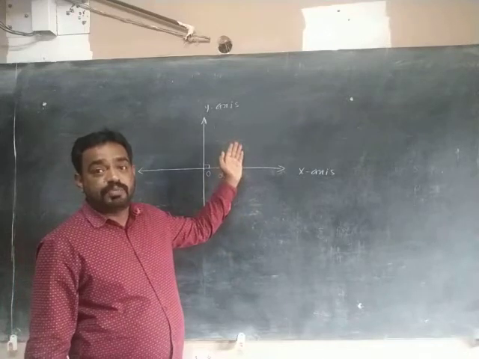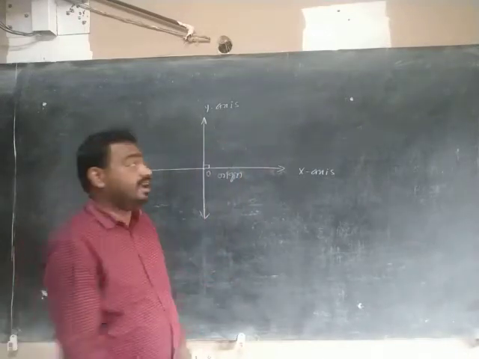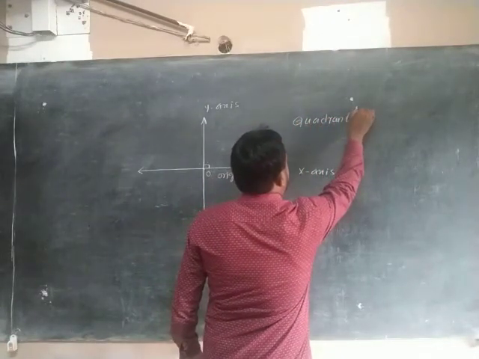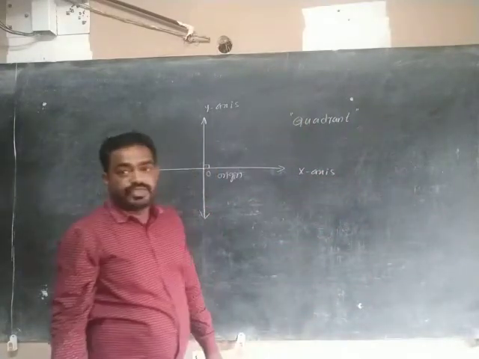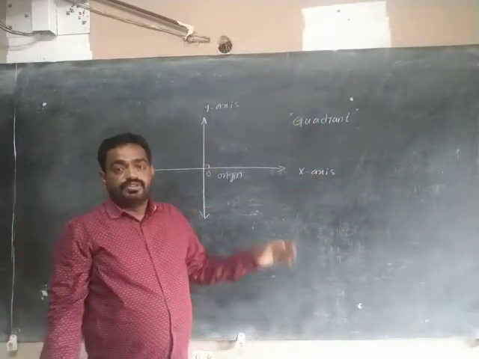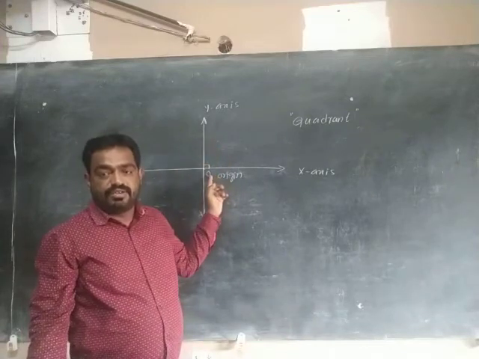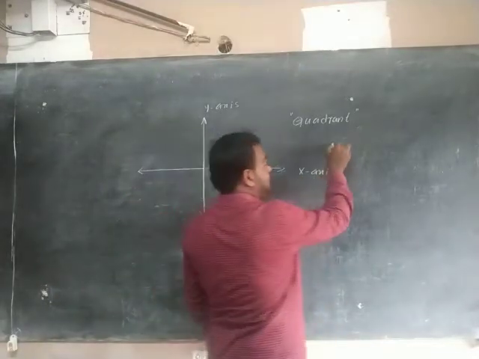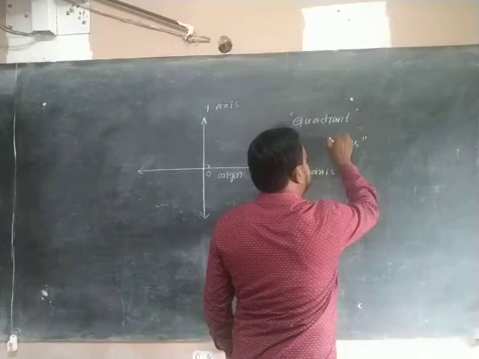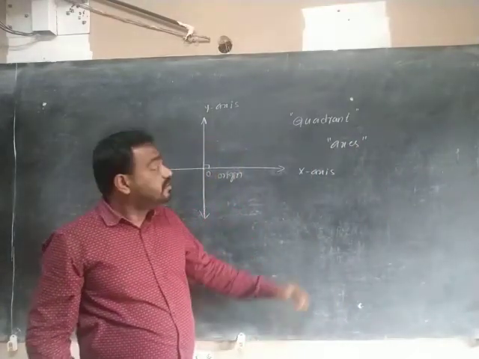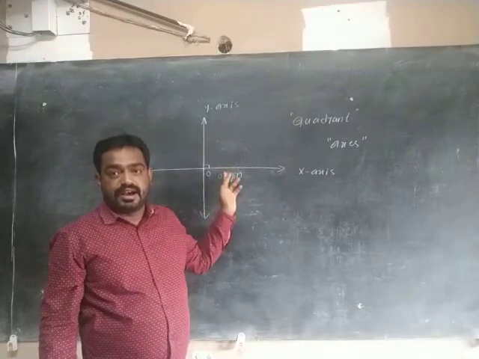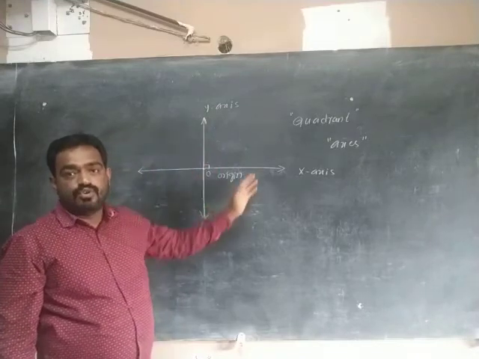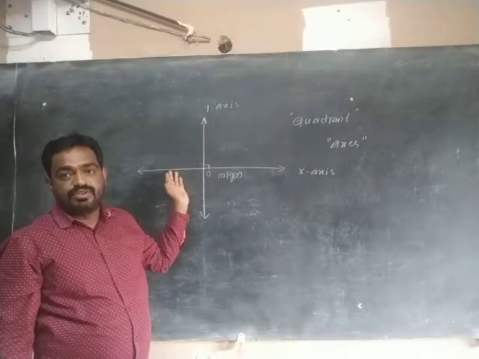Then each part is called quadrant. What is the definition of quadrant? The mutually perpendicular lines, nothing but coordinate axes, divide the plane into four parts.